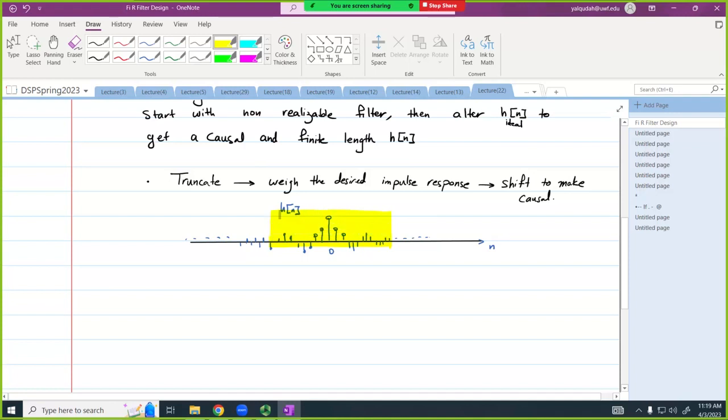We're only going to keep the components of the impulse response that are within the window, and then we're going to shift the impulse response to make it causal. So this is 0. We're going to shift the impulse response. So this is the ideal, this is practical.